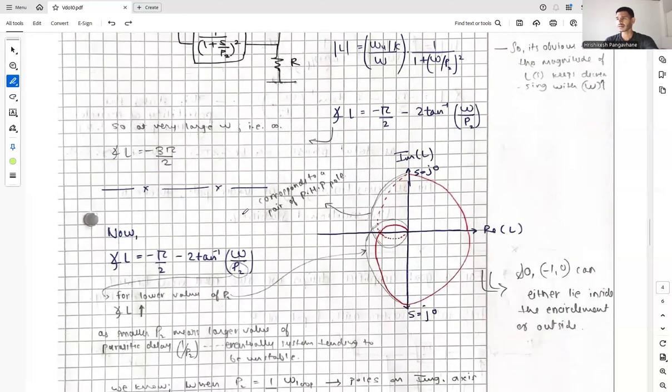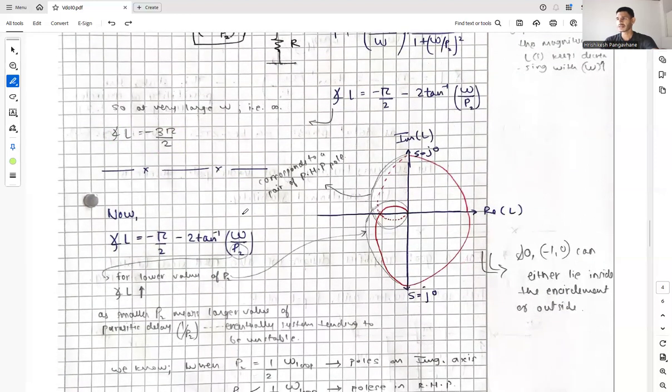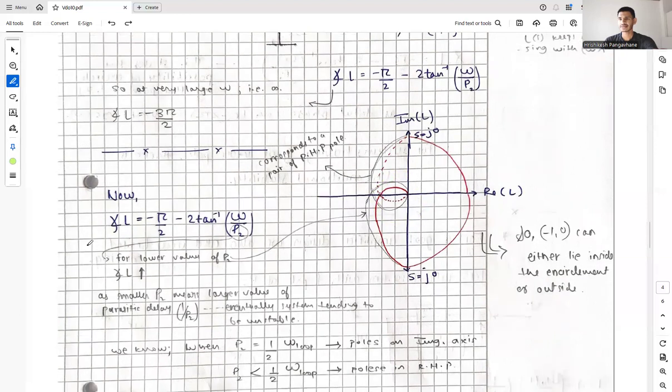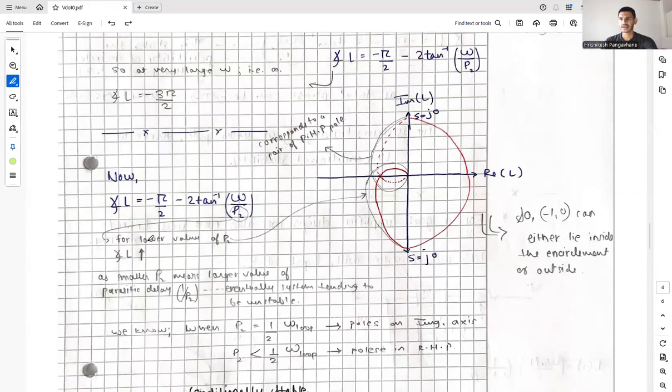So let's look at the Nyquist plot. While looking at it, we can see the angle can go up to minus 3 pi by 2. We have our equation for the phase lag, and for lower values of P2 the phase is increased.